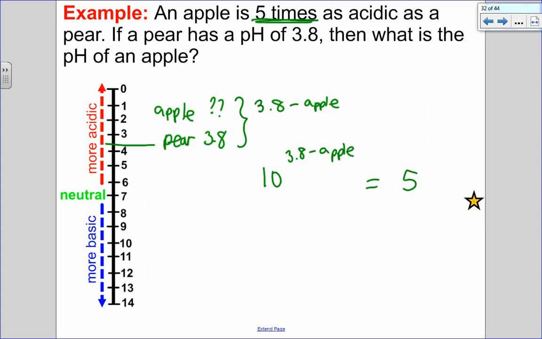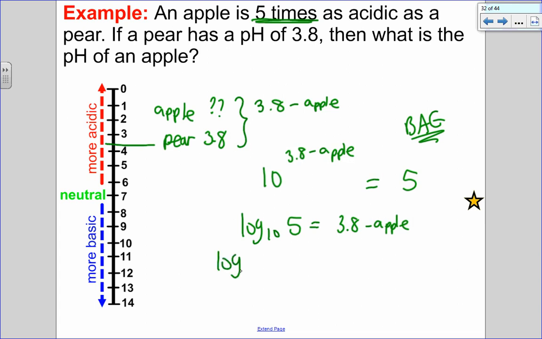So what I need to do for this question is change it to log form. So that is log base 10 of the answer equals the exponent. And then I just need to solve for the pH of apple. So I'm going to subtract 3.8 from both sides.